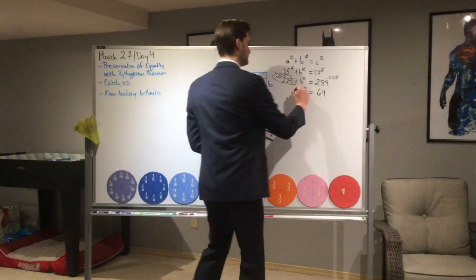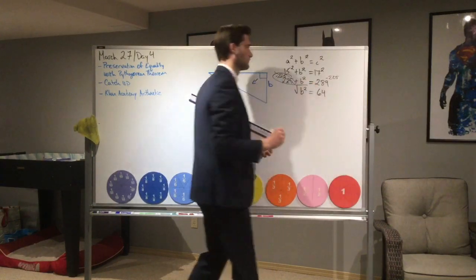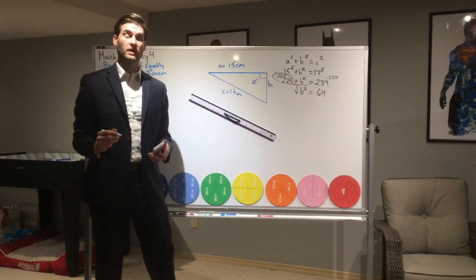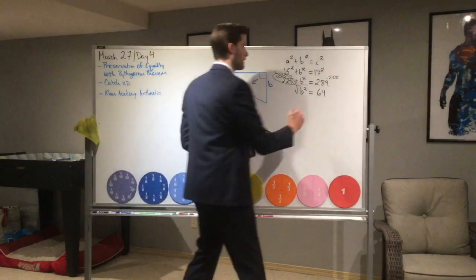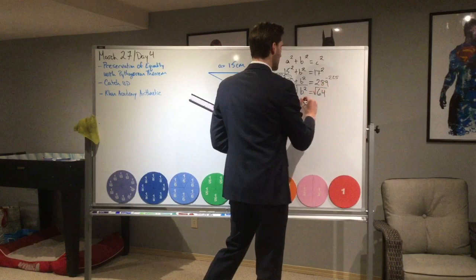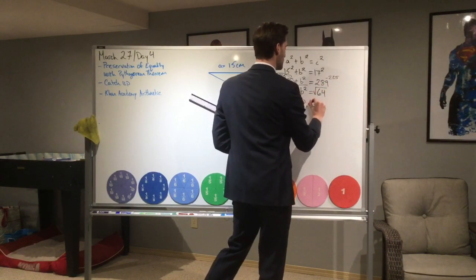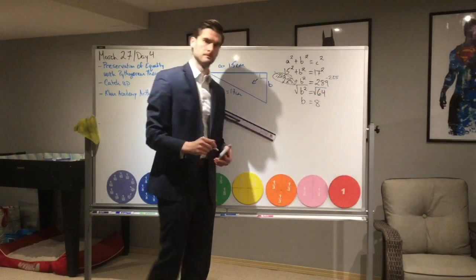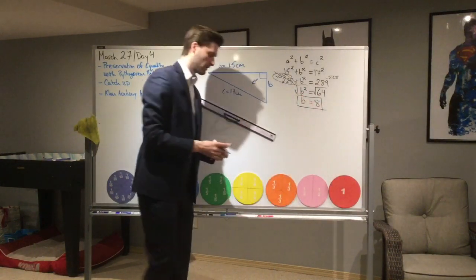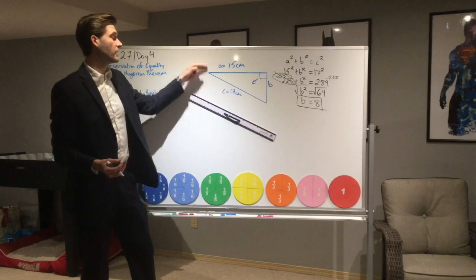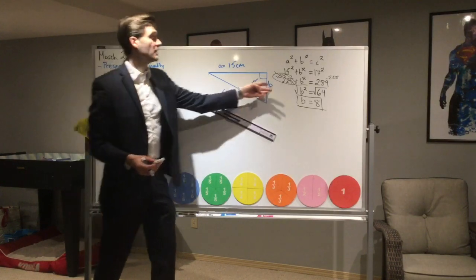Finally, I take the root, because the opposite of squaring is square rooting. So I have to do that to both sides, meaning B equals 8. So I would know that if A equals 15, C equals 17, B should equal 8.